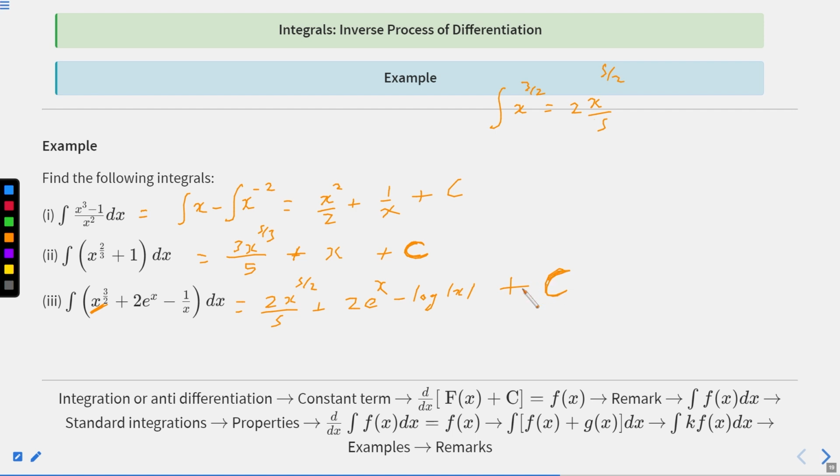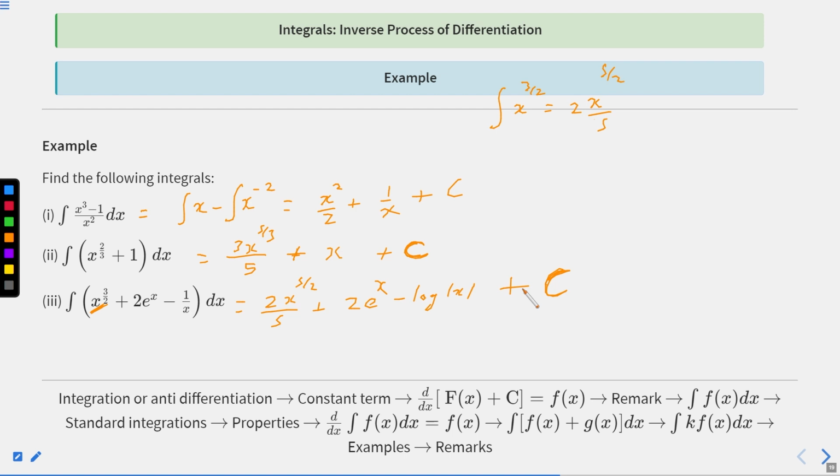So this is what is happening here. I hope the examples are very clear to you. We use just the theorems, just the results, that's it.